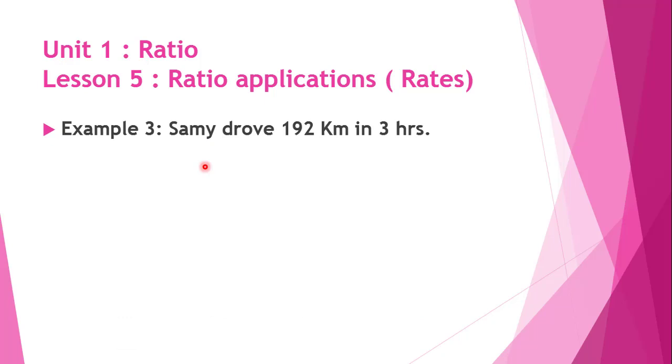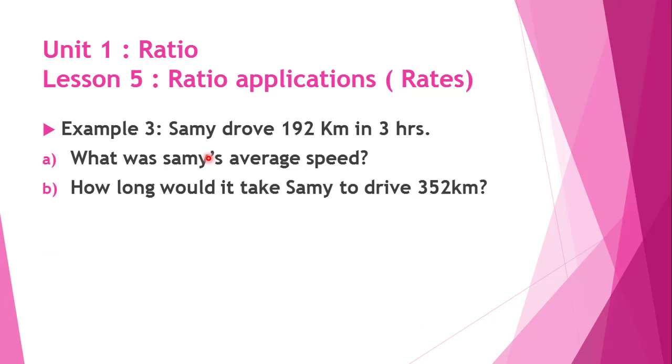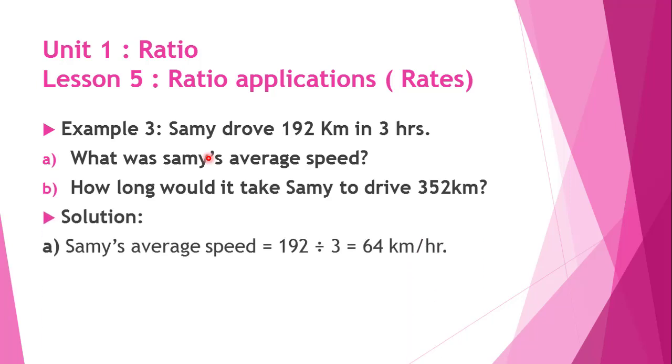Another example. Sami drove 192 kilometers in 3 hours. At first, what was Sami's average speed? And how long would it take Sami to drive 352 kilometers? Okay, let's start with A. I want the average speed.